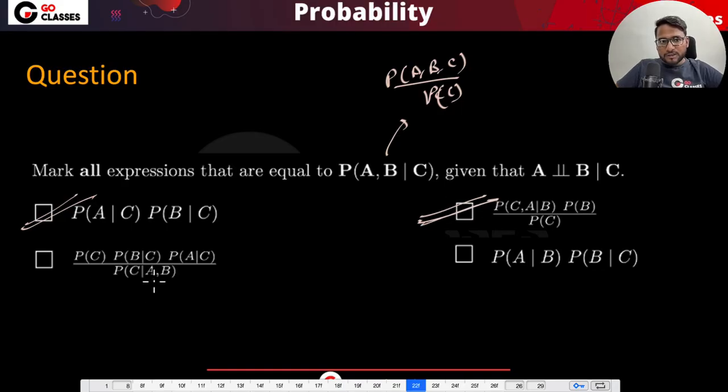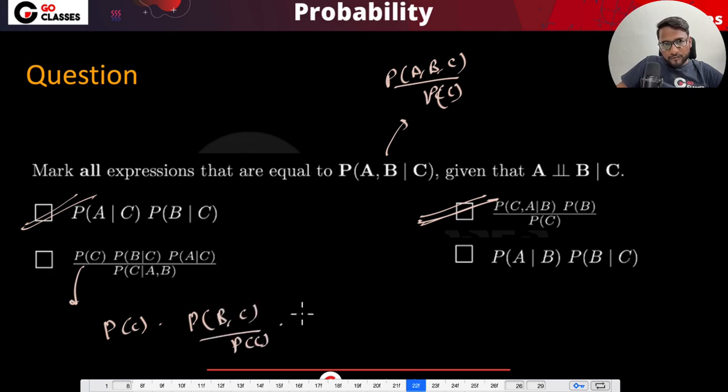And now let's just check this and this. Okay, so let's just check this probability of C. They are saying the probability of C into probability of B given C. Okay, let me just open this up.